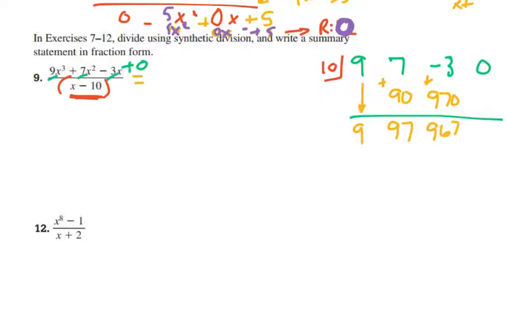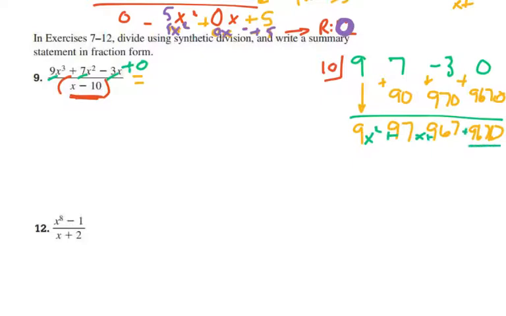And then 967 times 10 is 9,670. Add that to 0, and we still get a remainder of 9,670. That's gross.